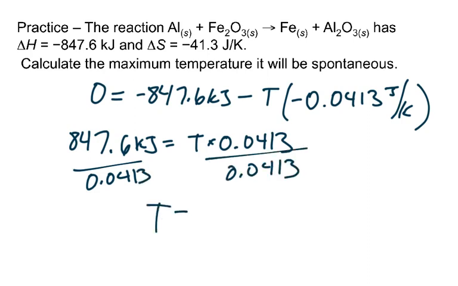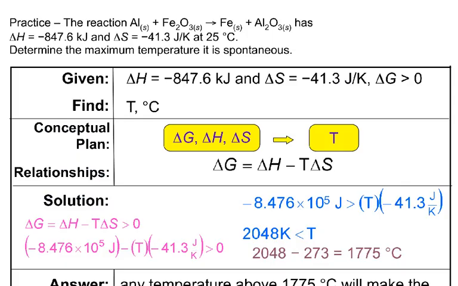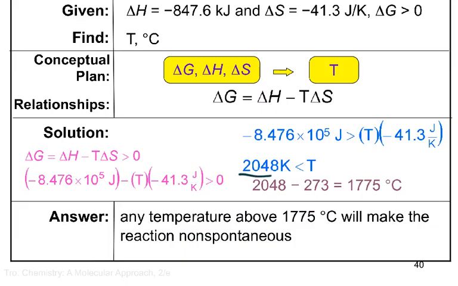And I can get a temperature equal to 2.05 times 10 to the 4th Kelvin, or 2048. So, yeah, very high temperature. And then you can convert that back to Celsius if you want. Any temperature above 1,775 degrees Celsius will make this reaction non-spontaneous.